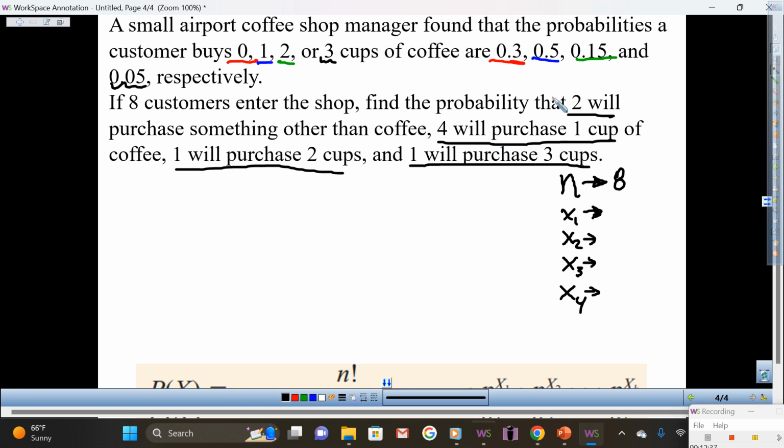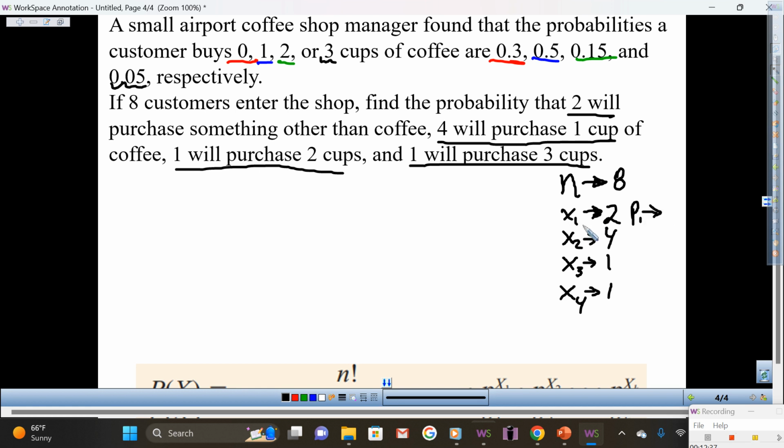Okay, so let's see. Probability that 2, okay. Probability that 4. Probability that 1 and 1. Okay. Did you set that up by yourself? Yes? Okay, good. So we need P sub 1.